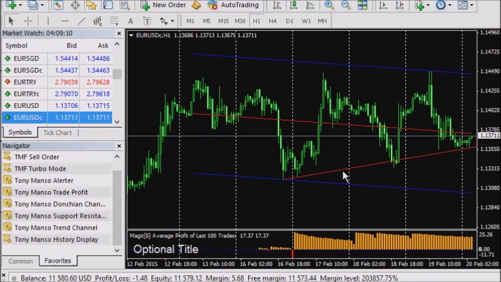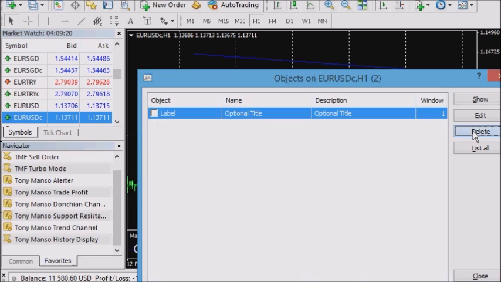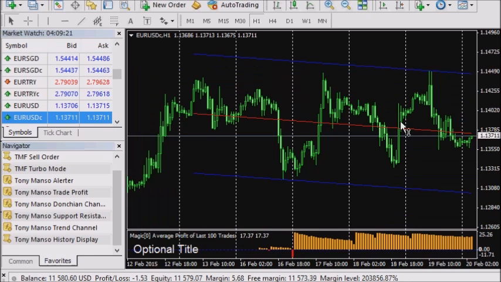But let me see if I can get rid of that thing. Oh, here, let's do it that way. Trend line, delete. But my indicator is showing a somewhat downtrend, and the reason why there's so much difference is because this uses what's called a best fit line.